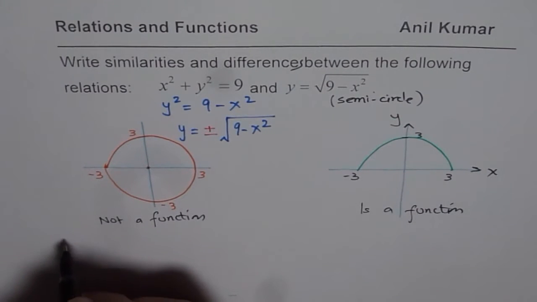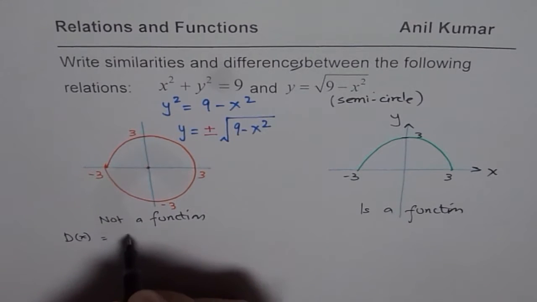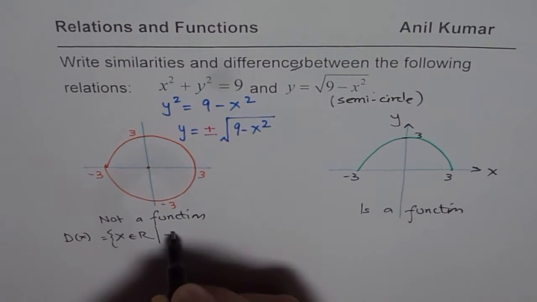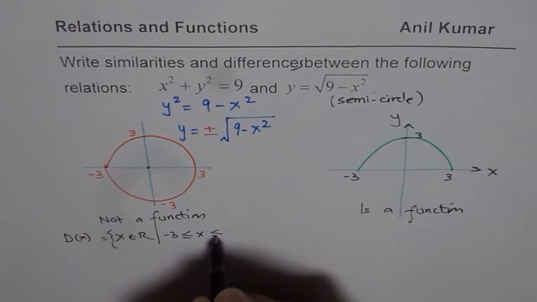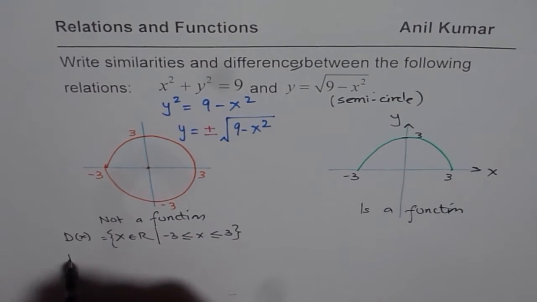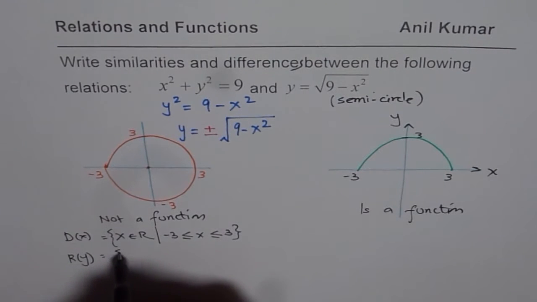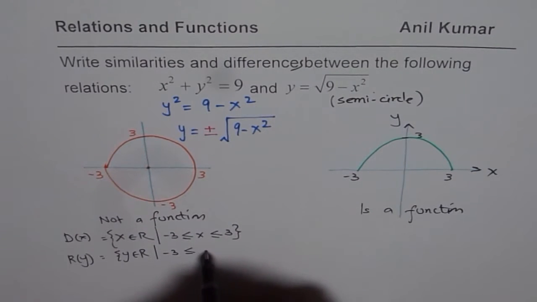Similarities, you can of course say the domain for both is x belongs to real numbers, where x is between minus 3 and plus 3, right? Range here belongs to real numbers, and which is also between minus 3 and plus 3.